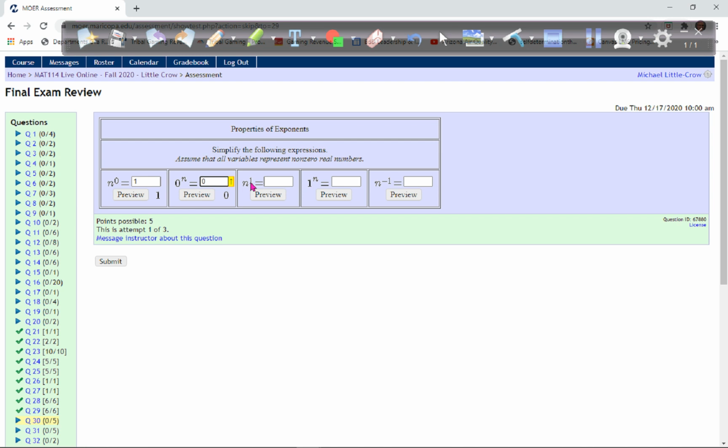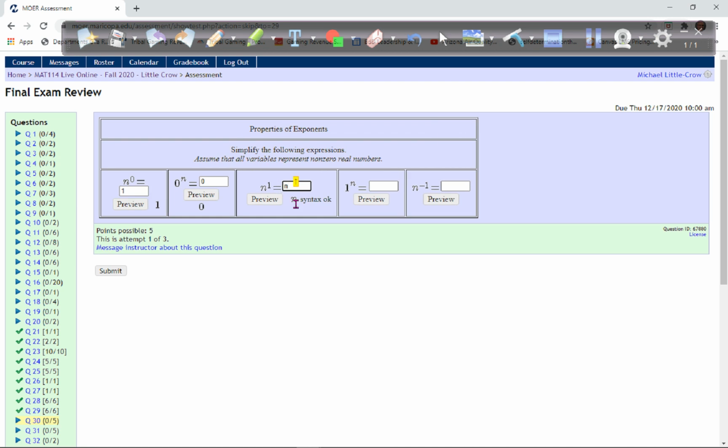Now, some number to the first power, what's that going to equal? It's going to equal itself. Whatever n is, everything is sort of listed as to the first power. Okay. 1 to the n power, again, 1 times 1 times 1, no matter how many times you multiply, it's always going to be 1. And then with the negative exponent, this is going to be whatever n is. If you take it to the negative 1 power, that's the reciprocal.